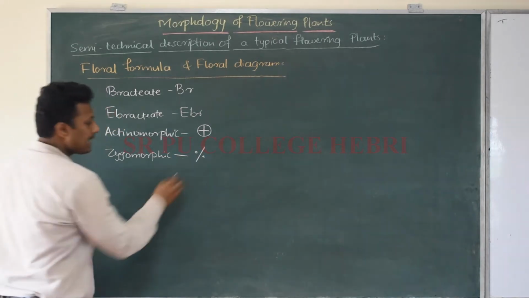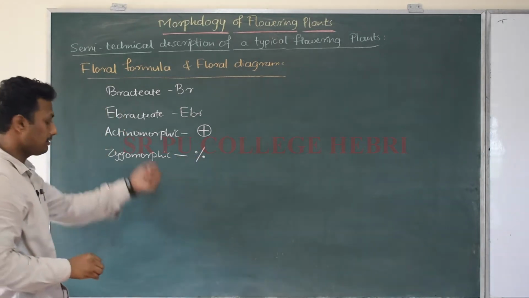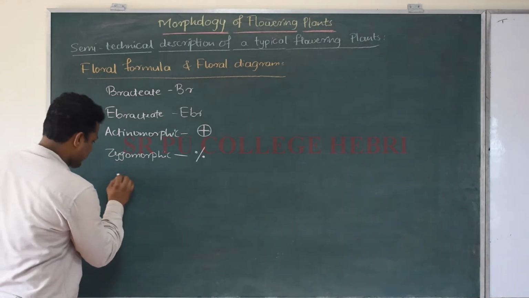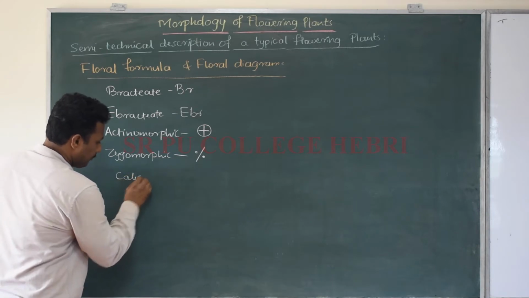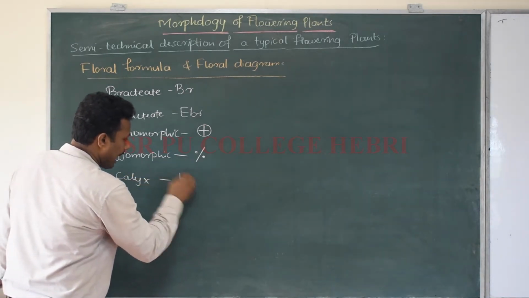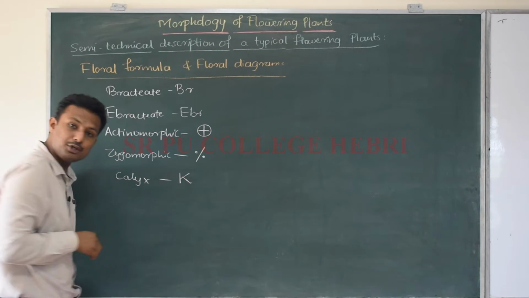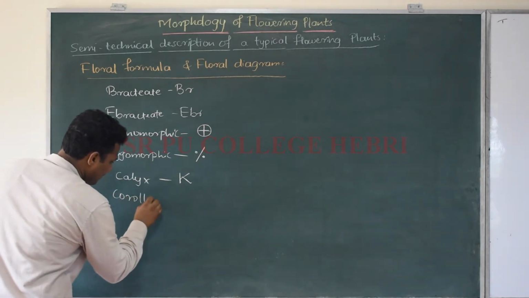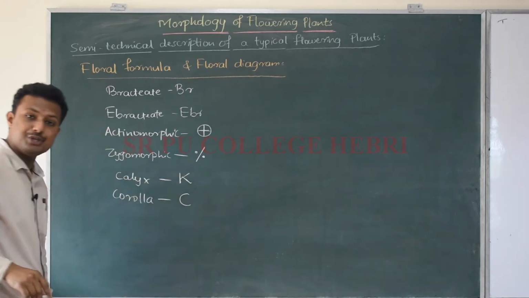This is the symbol for a zygomorphic flower. Right? And then for calyx, capital letter K is used. For corolla, capital letter C is used.